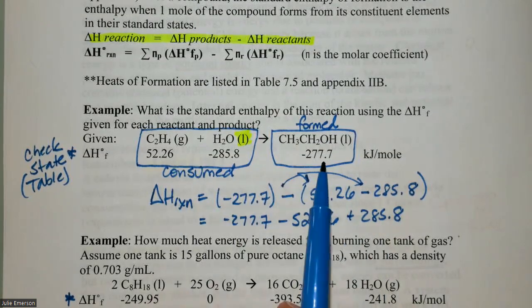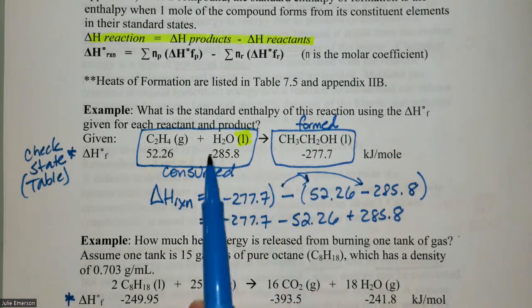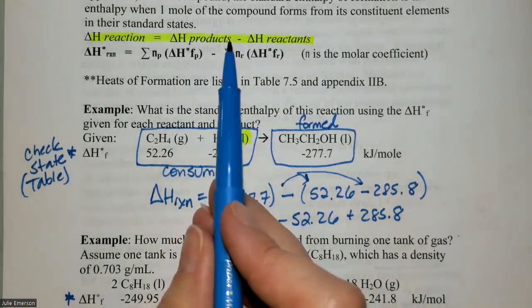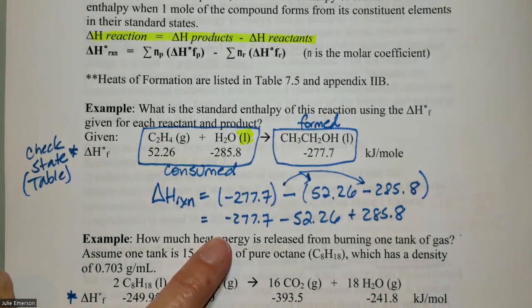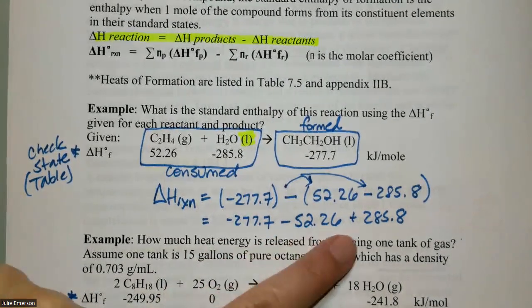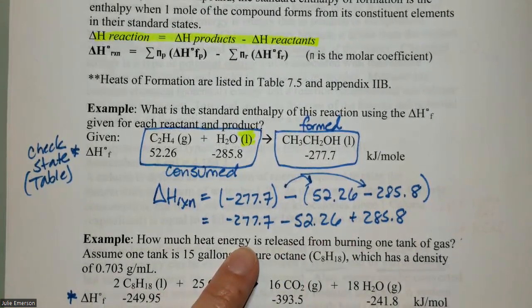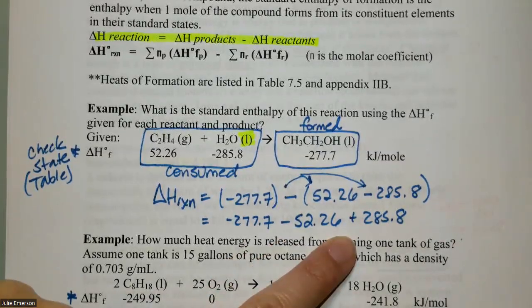So when I was doing these quickly, anything on the product side, just leave it. Anything on the reactant side, change the sign and add it together. Or you can do it this way, just take products minus reactants, but it's the same thing. So I'm going to take the negative 277.7, minus the 52.26, and then add to that the 285.8.